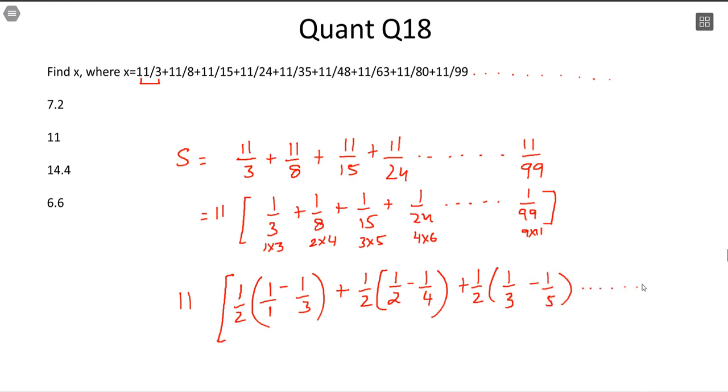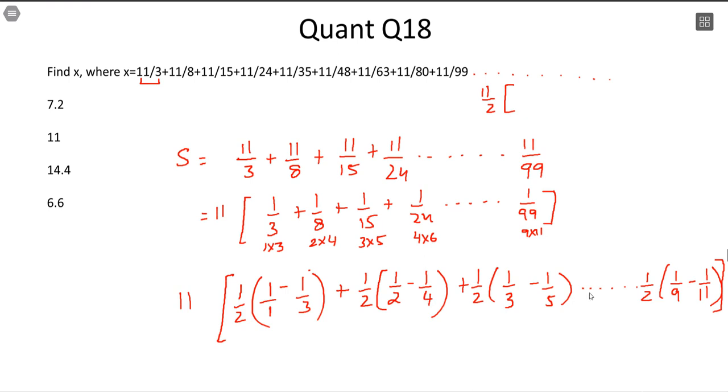It will keep on going up until the last term, which will be half of 1 by 9 minus 1 by 11. Hopefully you can also see, you can take this half outside now. So you'd be left with 11 by 2 into, now within these terms, see, you have a minus 1 by 3 here, you have a plus 1 by 3 here.